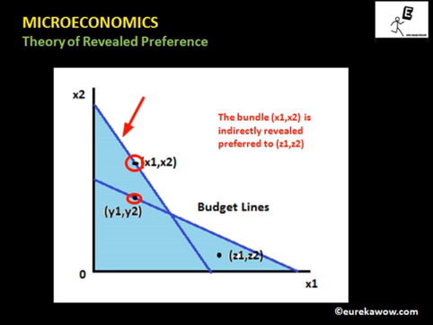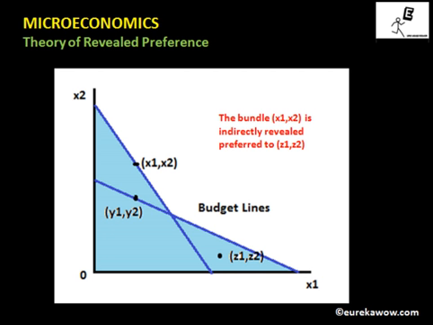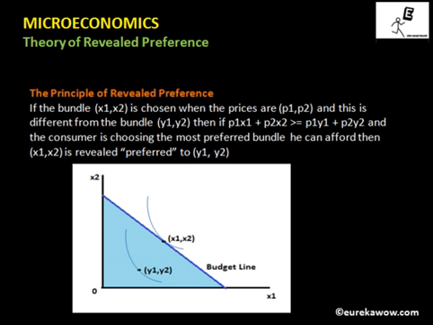Similarly, the bundle y1, y2 is directly revealed preferred to the bundle z1, z2 because the bundle z1, z2 lies inside the budget line on which y1, y2 lies. So, as x1, x2 is directly revealed preferred to y1, y2 and y1, y2 is directly revealed preferred to z1, z2, we say that the bundle x1, x2 is indirectly revealed preferred to the bundle z1, z2.